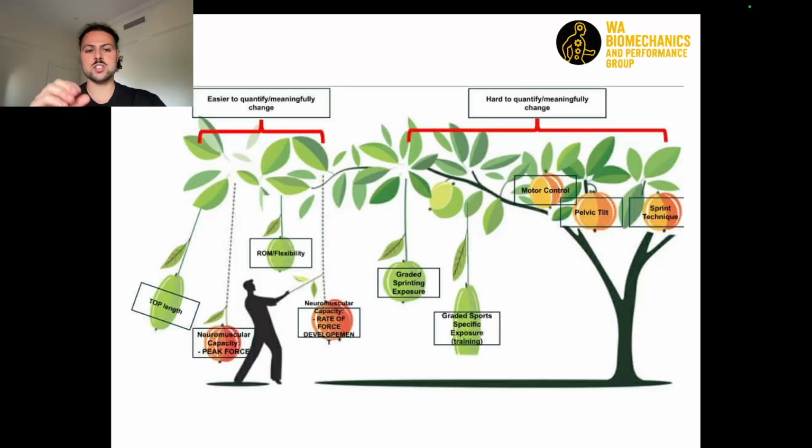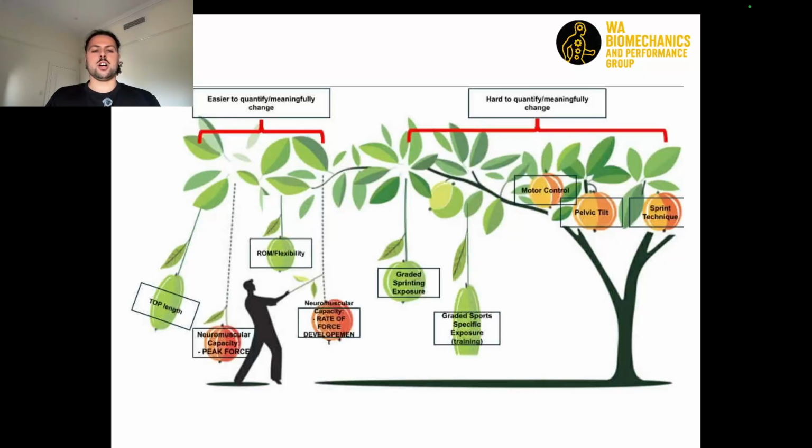Low-hanging fruit is easier to quantify and meaningfully change. So, neuromuscular capacity as an example. Using dynamometry, we can calculate peak force and track that quite easily and quantify it over time. We can see if our intervention is improving it, and if it's changing.